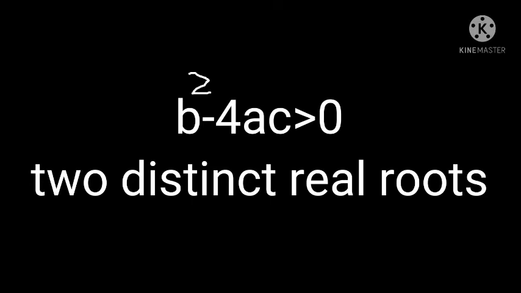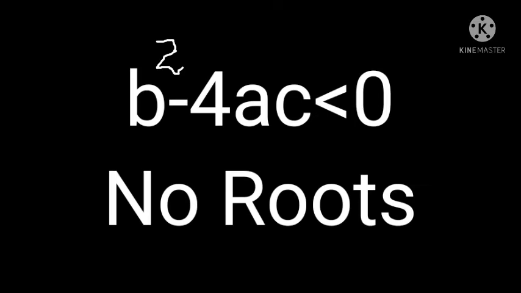Now see the third one, b square minus 4ac less than 0. Less than 0 means our discriminant is a negative number. If the discriminant value is a negative number, then the given quadratic equation has no roots.